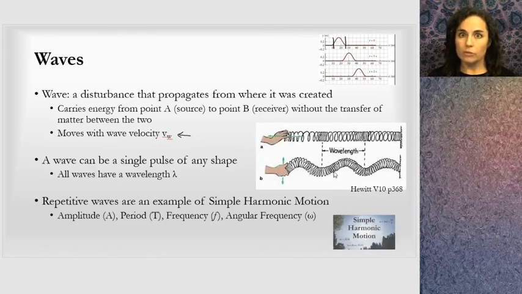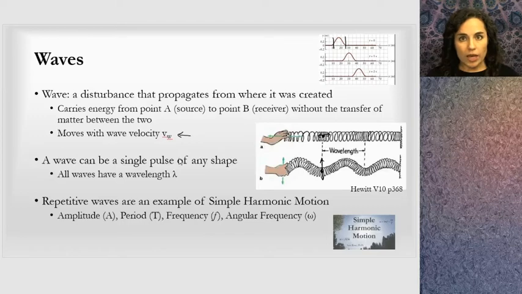The wave moves along the slinky with a wave speed, but the particles of the wave stay near where they are, right? If it's moved up and down, this piece of slinky just moves up and down. If you have a wave that oscillates horizontally, this piece of slinky moves back and forth right there. It doesn't move down the slinky. It stays right in that area, okay?